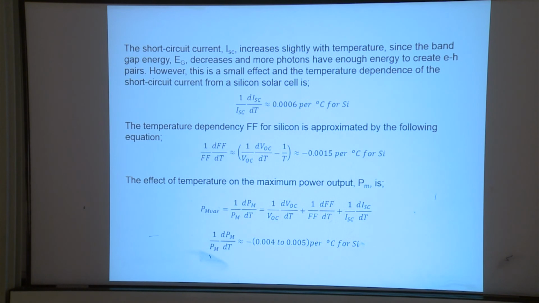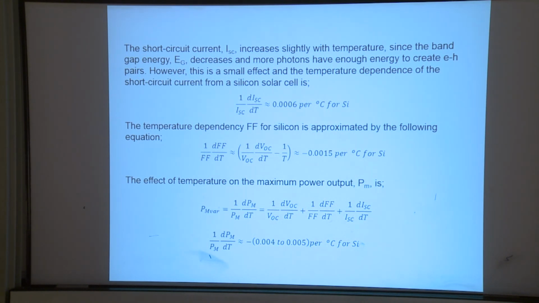And we can do the effect of temperature on current as well by using equations. So we'll be able to get 0.0006 positive per degree. So temperature has also effect on ISC, but it's not that sensitive, or very insensitive.